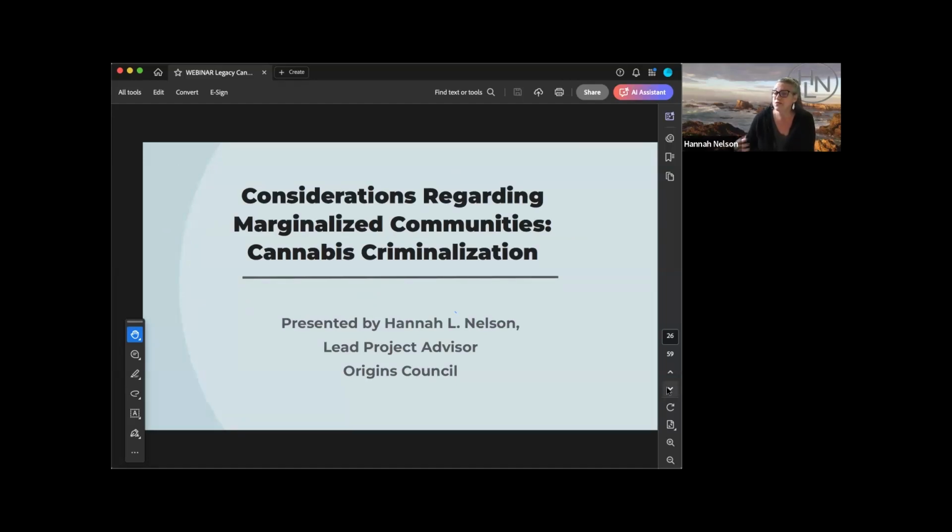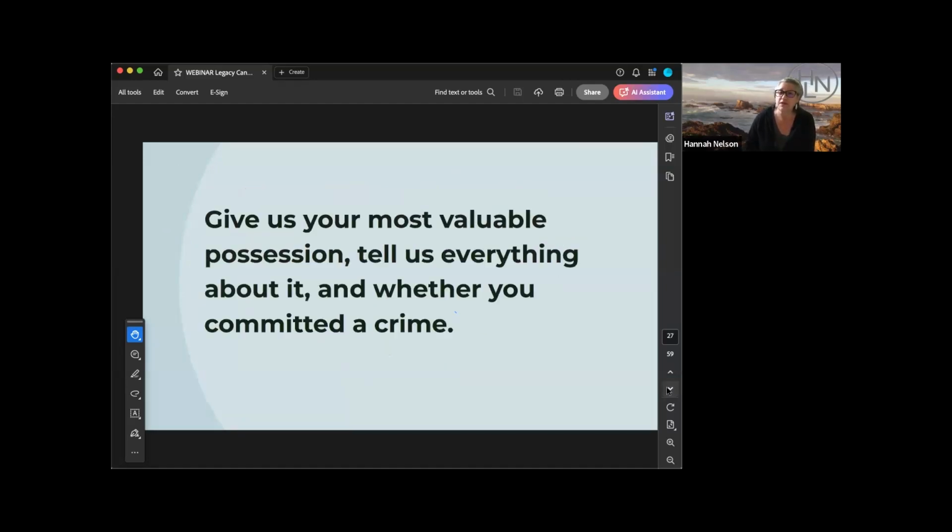So I come at this from a perspective of really having been in the trenches regarding this work, and particularly working with impacted communities. This next slide is a joke, but then it's not a joke, really.